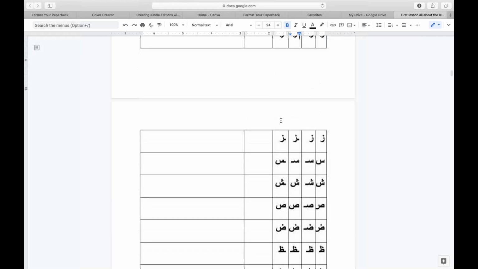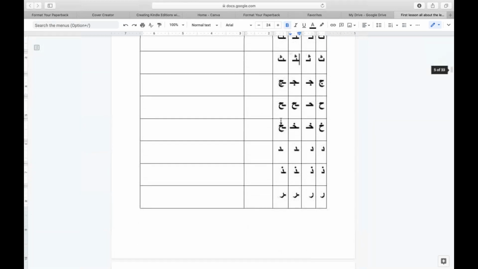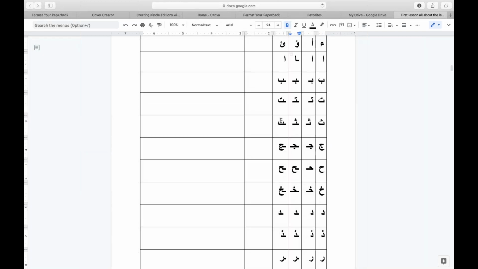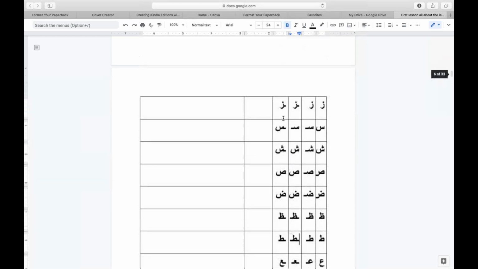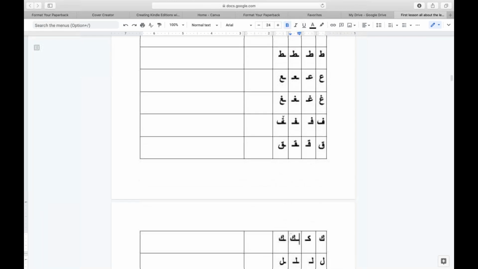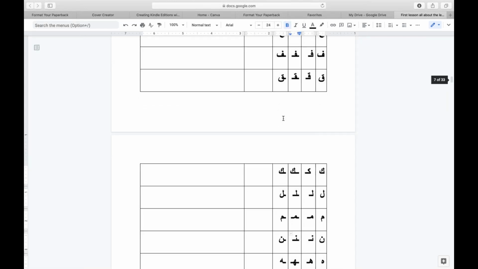Look here, what is the noon? Oh, noon is down. Okay, so we're gonna look at the noon. Look at the ba, ta, tha, it's leveled. Ba, ta, tha, it's with the level of the line. However your line is going, you write it this way. But noon looks like them, but this is noon.